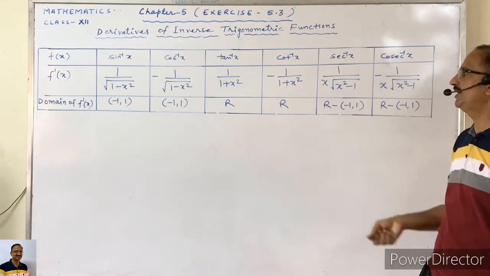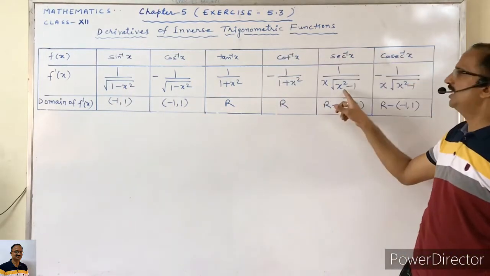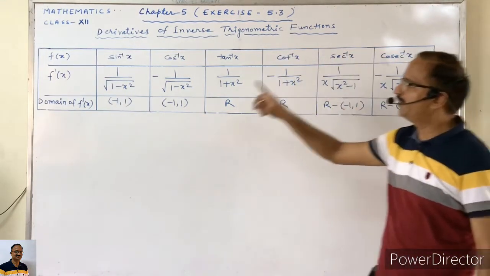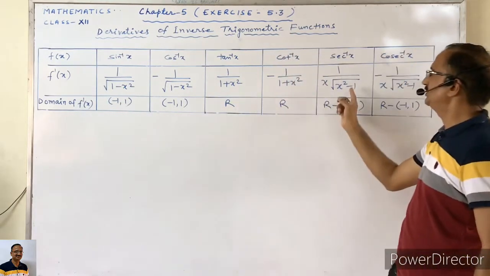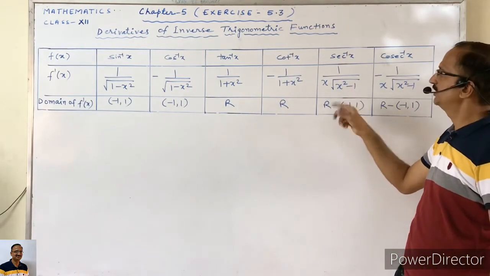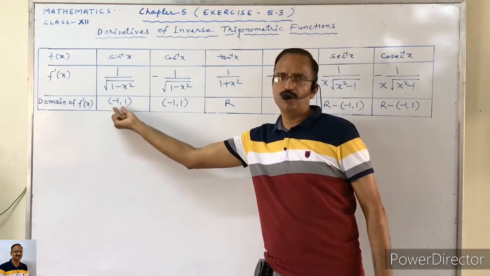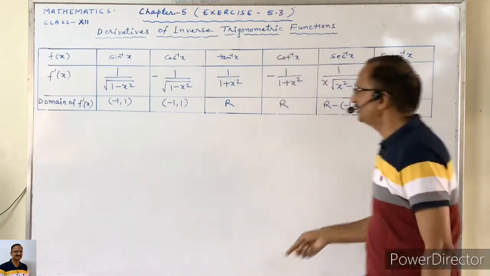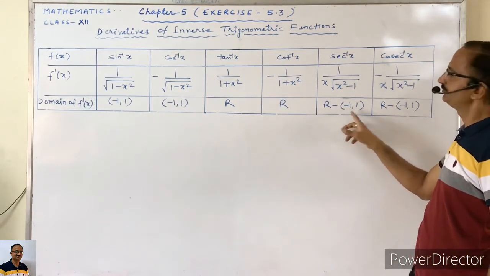Look, this is 1 minus x square and this is x square minus 1. The domain for this is minus 1 to 1 and this is just opposite. It means the domain of this function is all real numbers except these values. That's why this is R minus the interval minus 1 to 1.